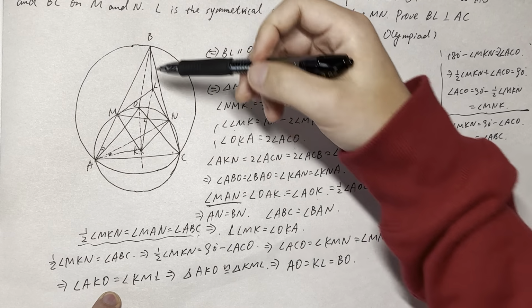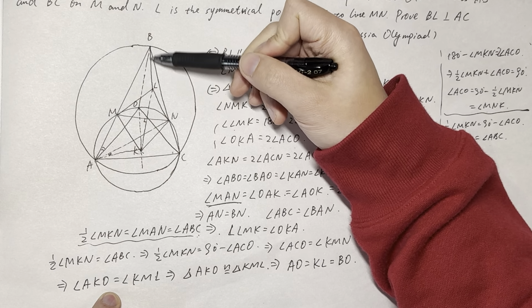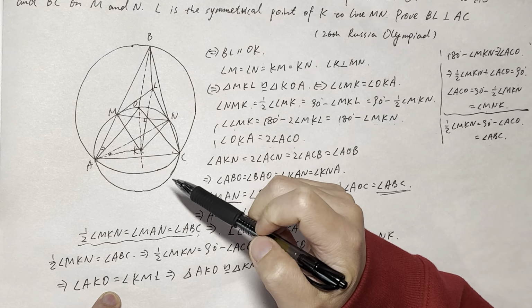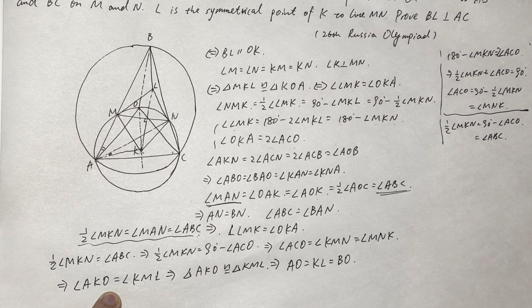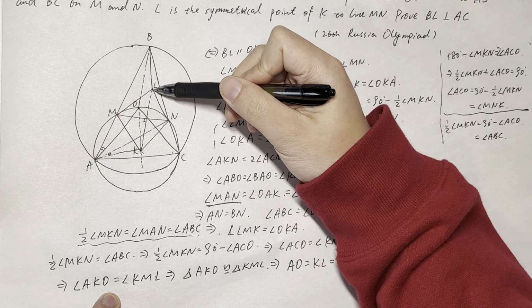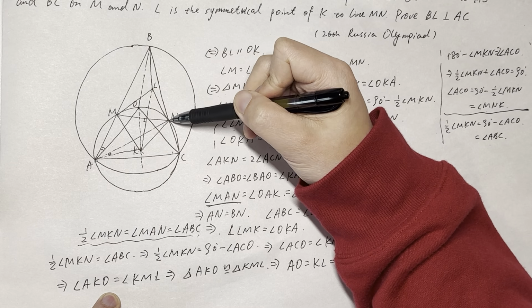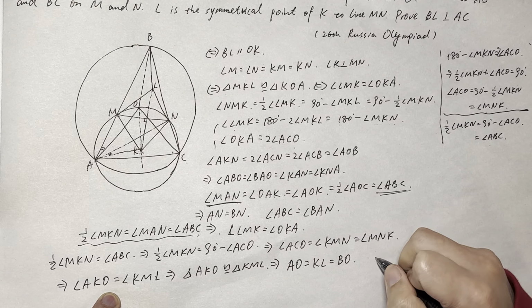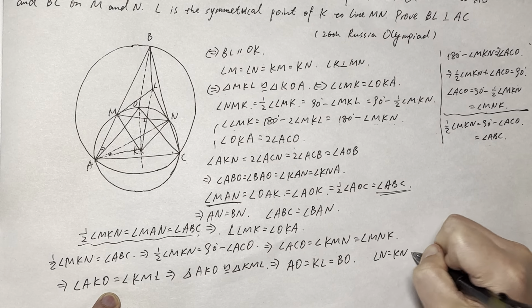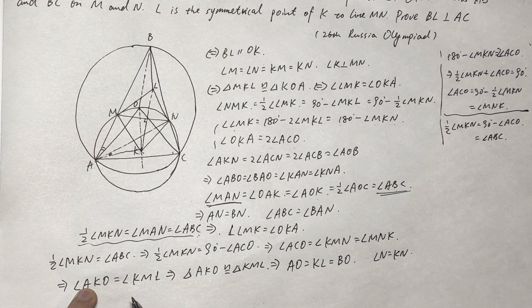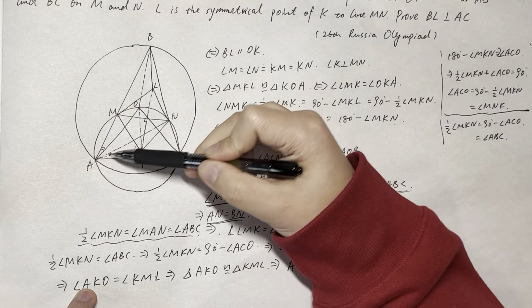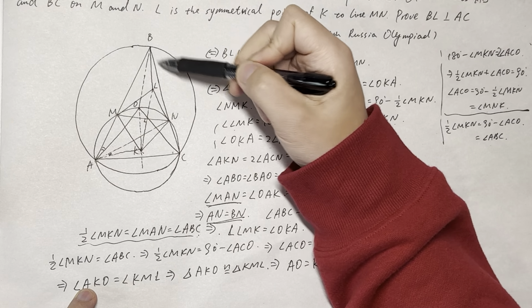We still want to prove that BL equals OK, right? See, we already know that LN equals KN, right? LN equals KN. And we just proved here AN equals BN.